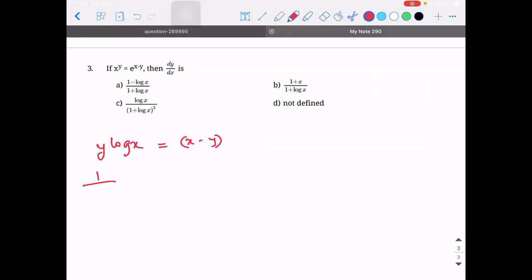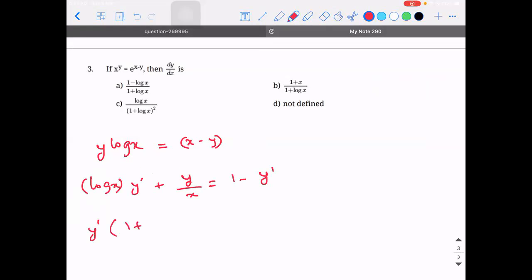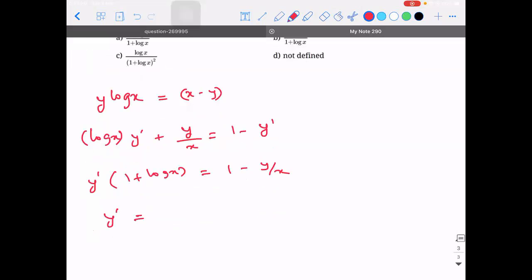Differentiate: log x into y dash plus y divided by x is equal to 1 minus y dash. So y dash into 1 plus log x is equal to 1 minus y by x. So y dash is equal to x minus y divided by x into 1 plus log x. But what is x minus y? x minus y is y log x.